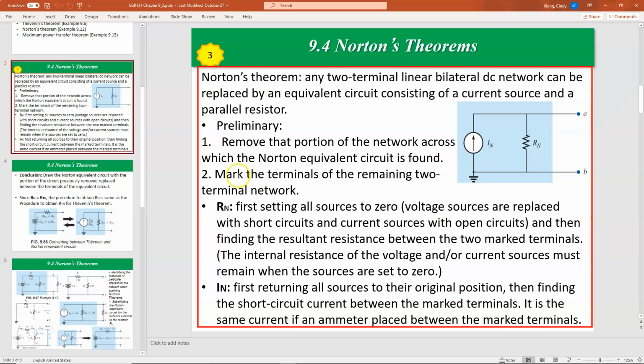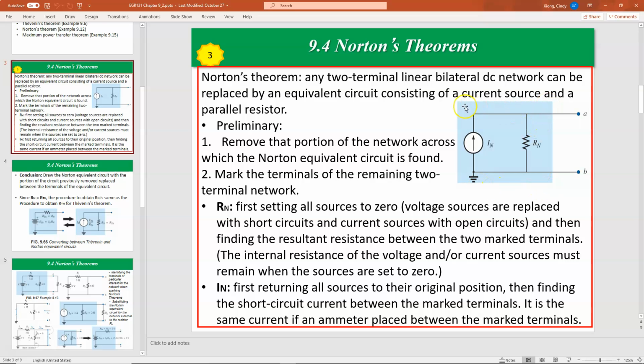The second step is to mark the terminals of the remaining two-terminal network. So we mark terminal A and terminal B, and we will try to find the Norton equivalent circuit across these two terminals for the circuit inside the blue box.